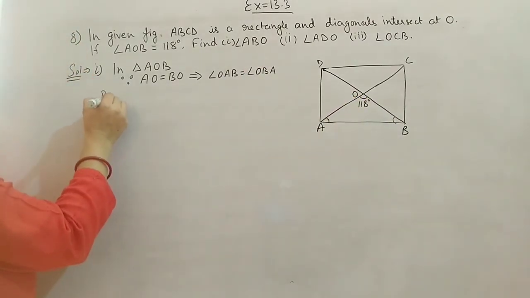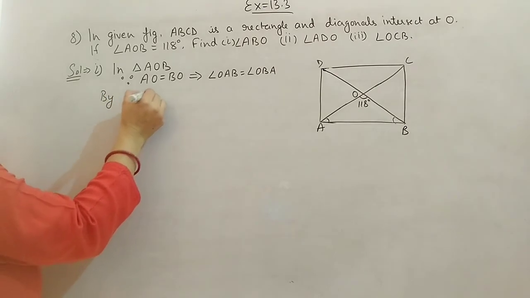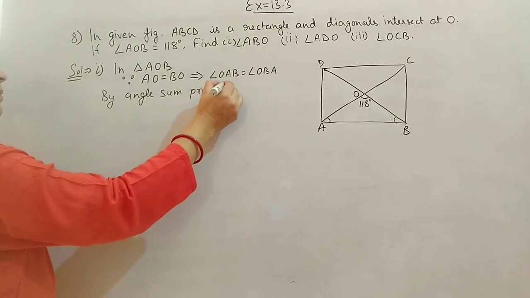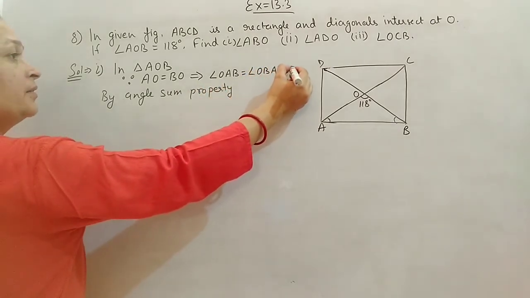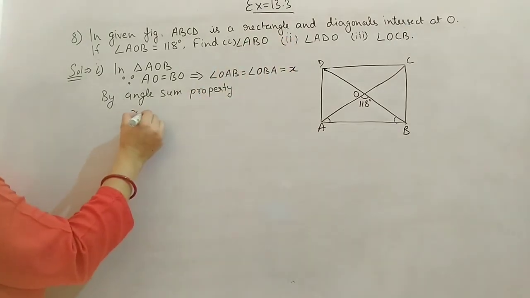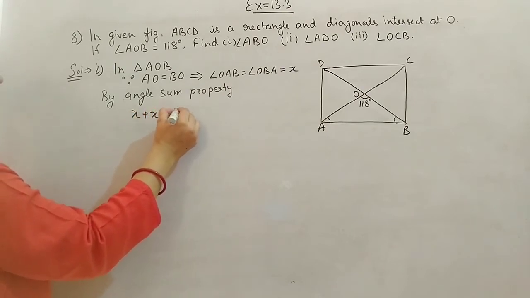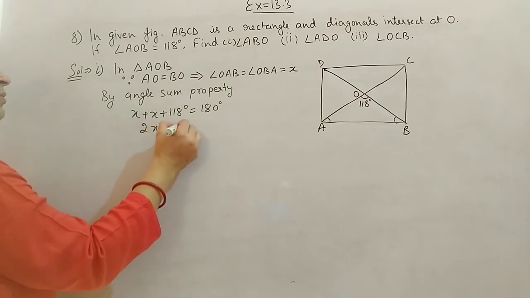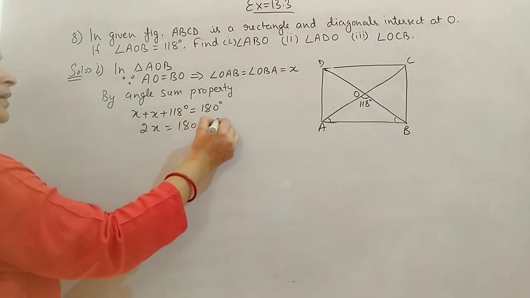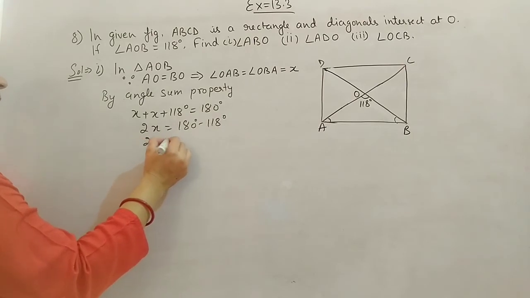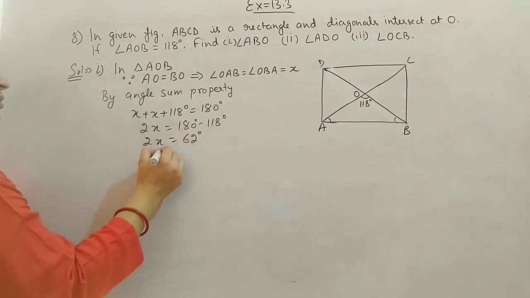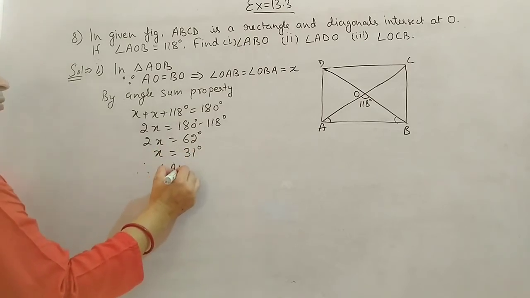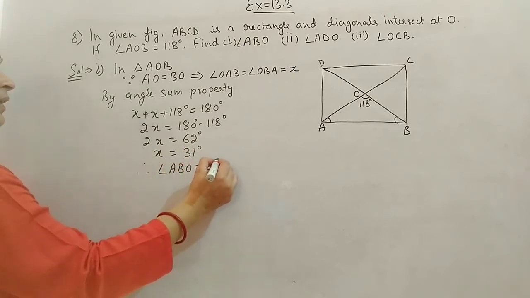So by angle sum property, you can take it as equal to x also. So x plus x plus 118 is equal to 180 degrees. 2x is equal to 180 minus 118, 62 degrees. So x value is equal to 31 degrees. It means angle ABO is equal to 31 degrees.